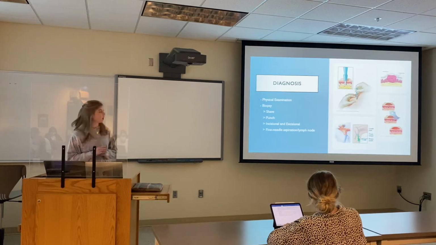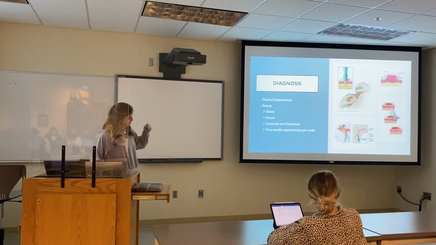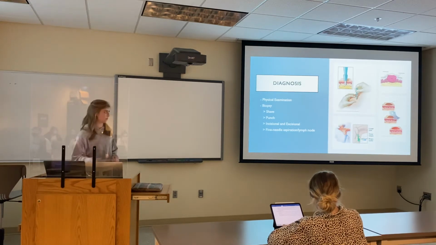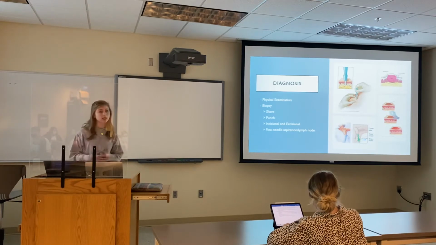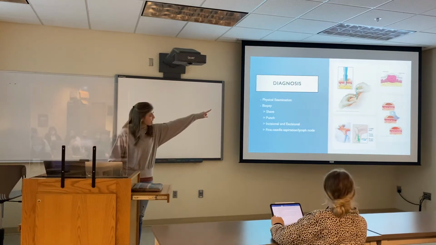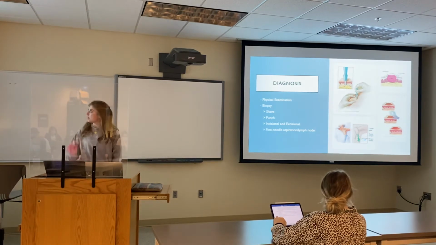Then another one is a punch biopsy, which is in the top left with the little blue puncher, and basically they remove a deep sample of the skin melanoma cells after numbing the site, and that cuts through the layers of the skin. So that will be a more accurate test to run. You can also do an incisional and excisional biopsy, which is the top right photo, and the incisional is the top line, and then the excisional is the bottom line, and that will go a little bit deeper.